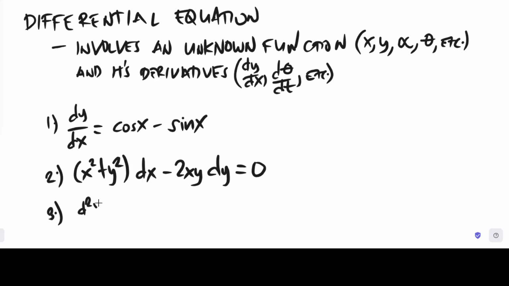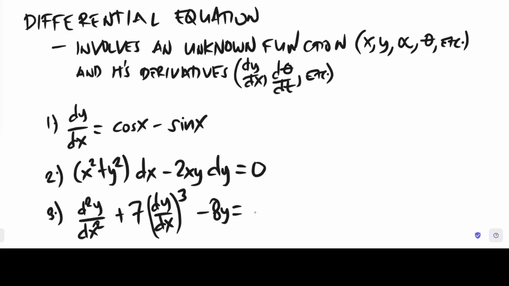Moving on to another example, we have here d squared y, or the second derivative, plus 7 times dy over dx raised to 3, minus 8y is equal to 0.